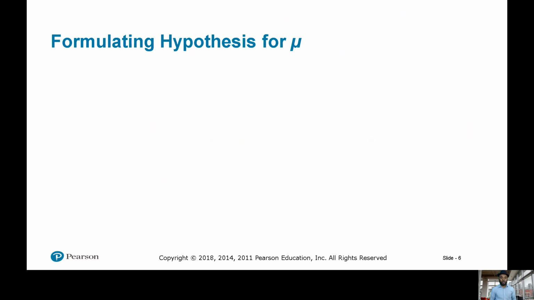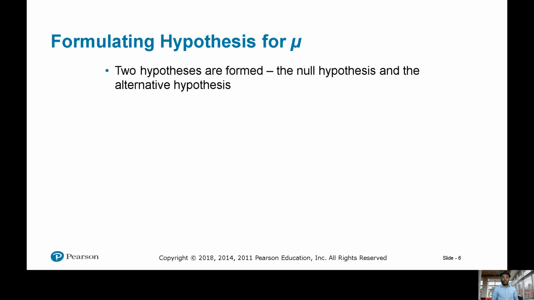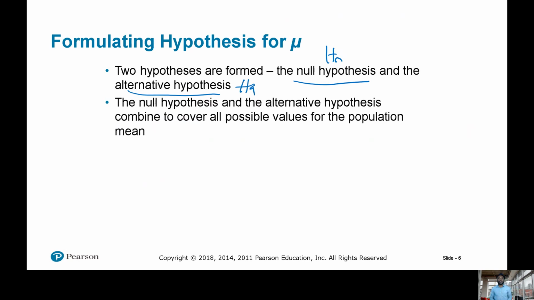So let's move further. Two hypotheses are formed. Like I mentioned, we have the null hypothesis, which is H0, and the alternative hypothesis, which is HA. The null hypothesis and the alternative hypothesis combine to cover all possible values for the population mean.